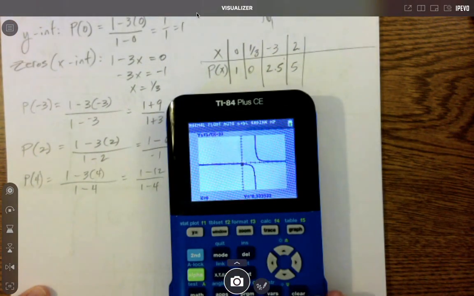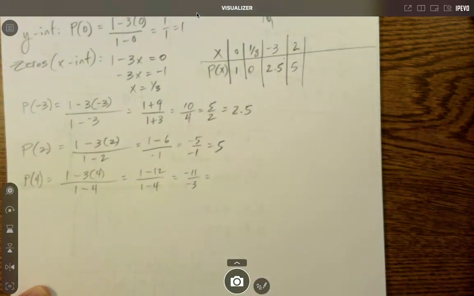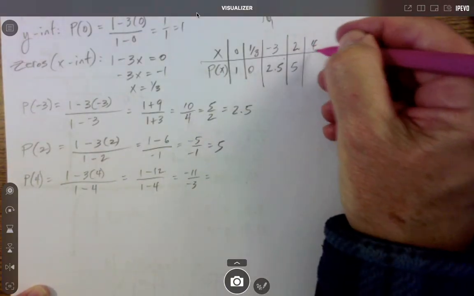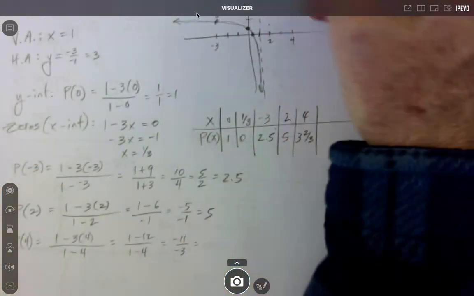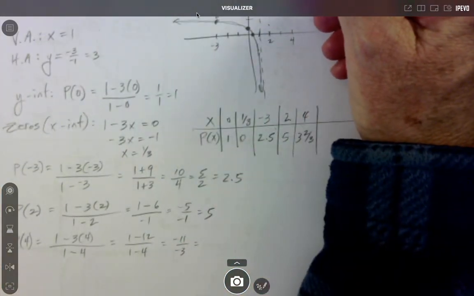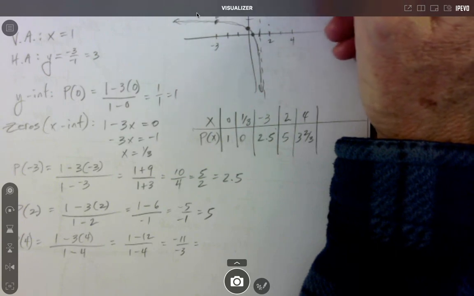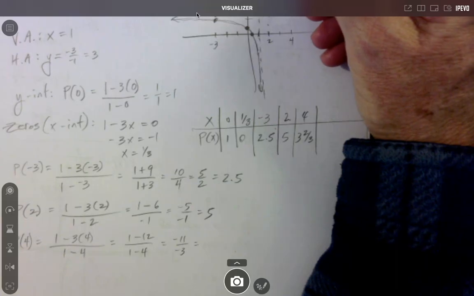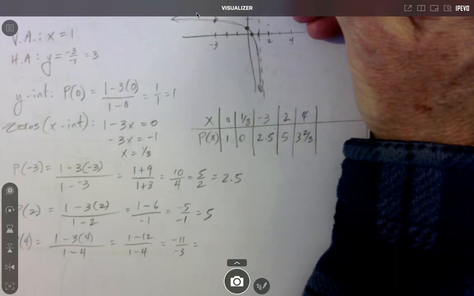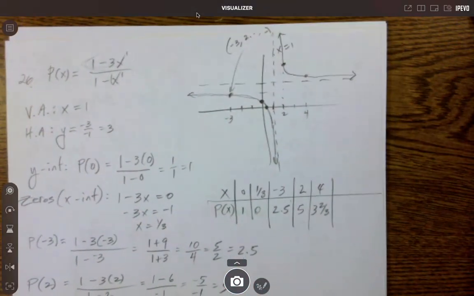Let's estimate that. What is 11 thirds? About 3 2/3. So 4 would get 3 2/3. So there's 3, and 3 2/3 is just a little bit more up. So we can start to see this curve right here. It's coming up this way, and then it's going to shoot up right here and start approaching that graph. Just something like that.